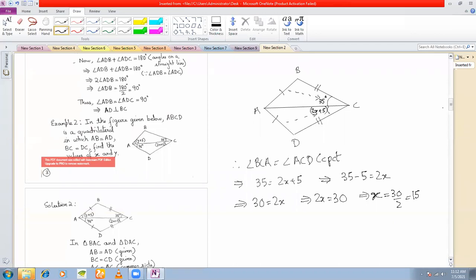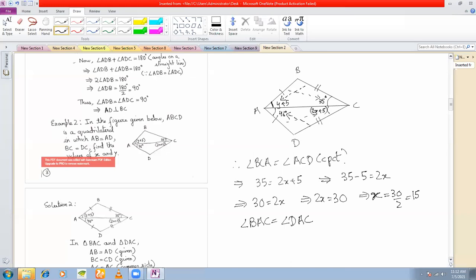From here, next we use CPCT once again. What is this angle given? Y plus 5. What is this angle given? This is given to be 46, I think, right? So if you see side BC, opposite to this side is this angle in this triangle, and opposite to this side is this angle. So we write angle BAC is equal to angle DAC.